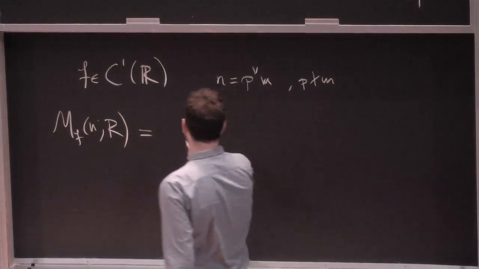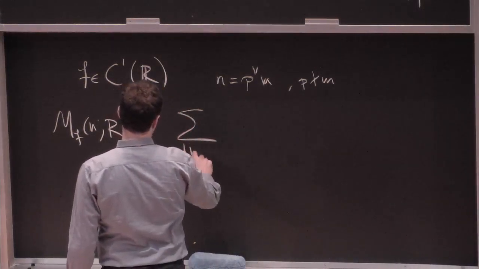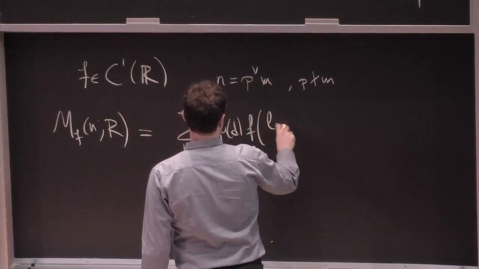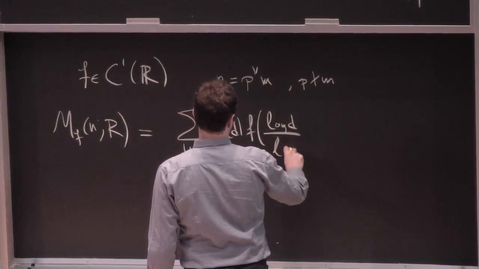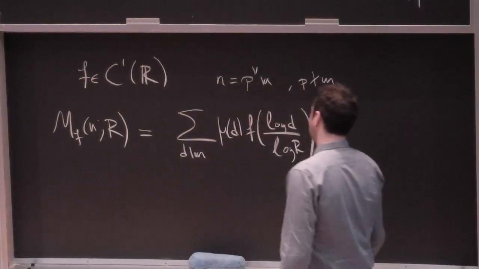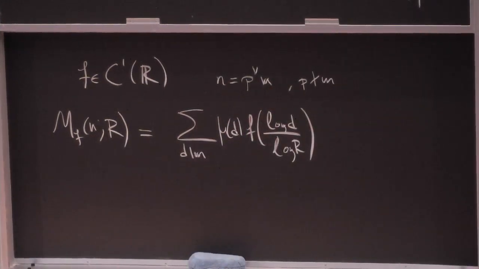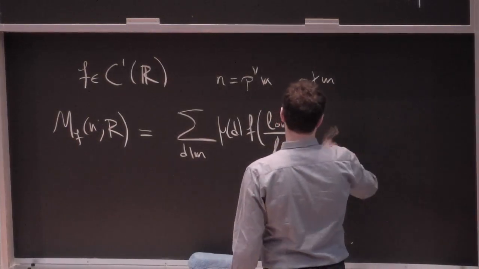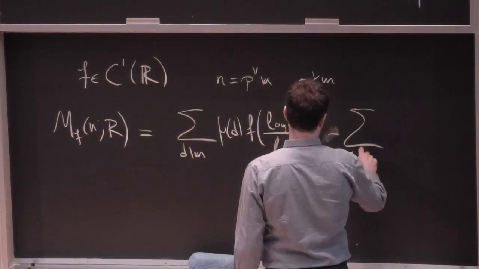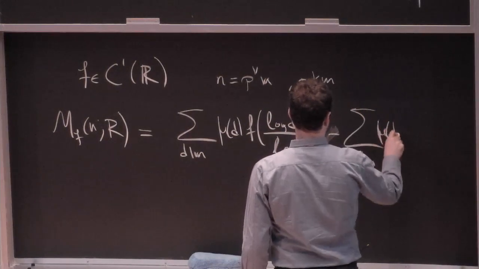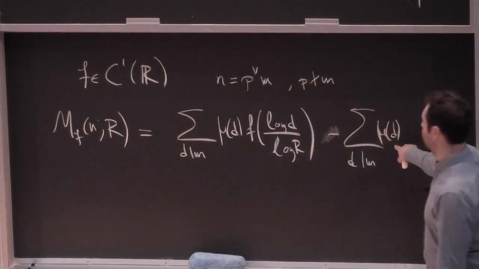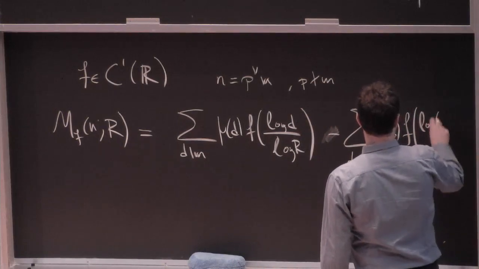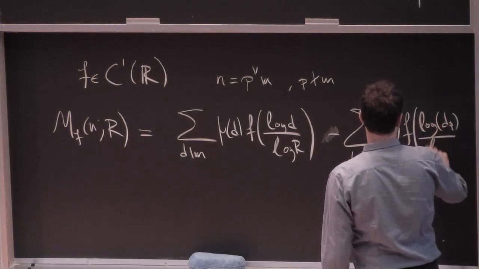And then I can split the summation again into two parts: those divisors that only divide m, and those divisors that have p in their factorization as well. So let me skip one step. The mu of dp becomes minus mu of d, and I have here f of log of dp over log r.